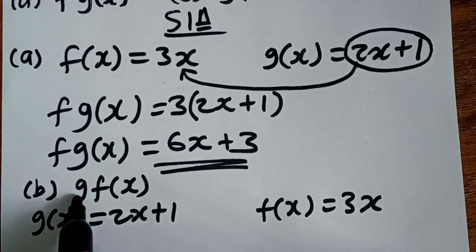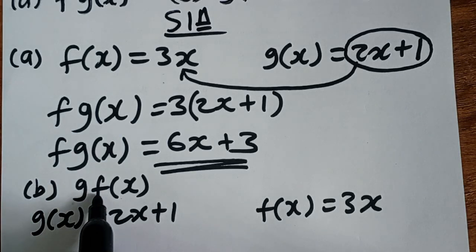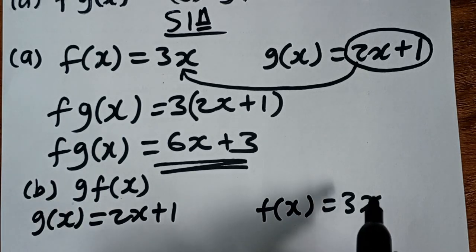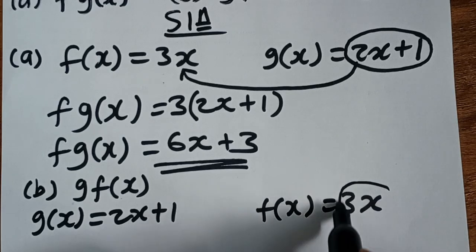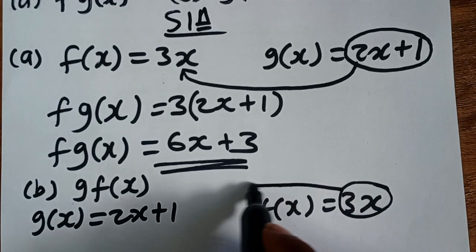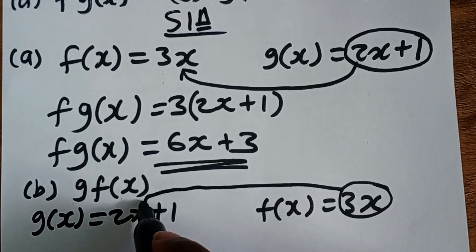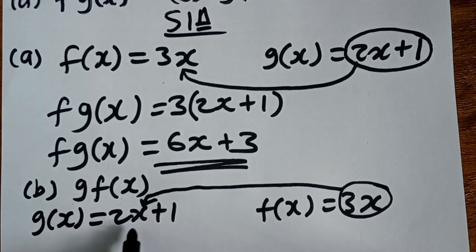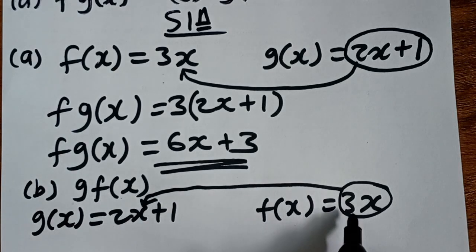So remember that it is gf of x. So f will go into g of x. Where there is x in g of x, that is where we are going to substitute our f of x, which is 3x.